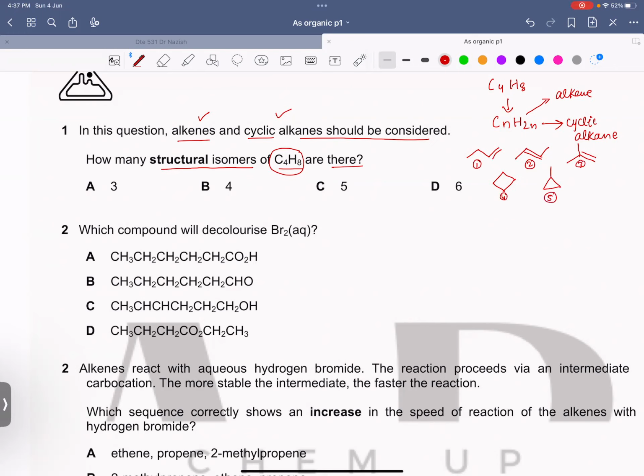Besides these 5 structures, there is no other possibility of any other alkene or cyclic alkane which has a molecular formula of C4H8. So that's why I can mark A, B, and D wrong, and my correct answer is C. Is this understandable to everyone? Yes, if anyone has any doubt, do ask. Okay.